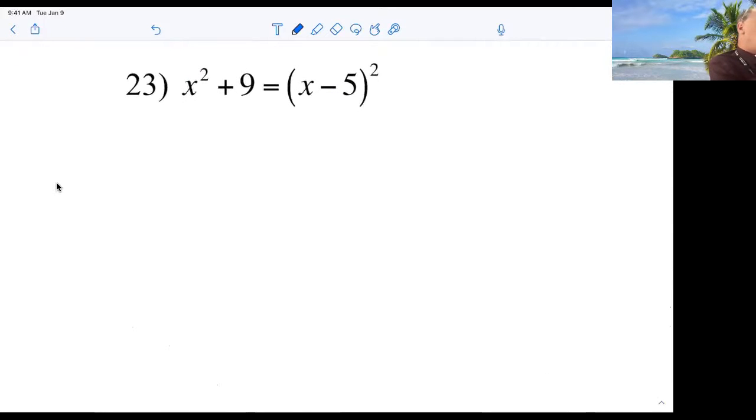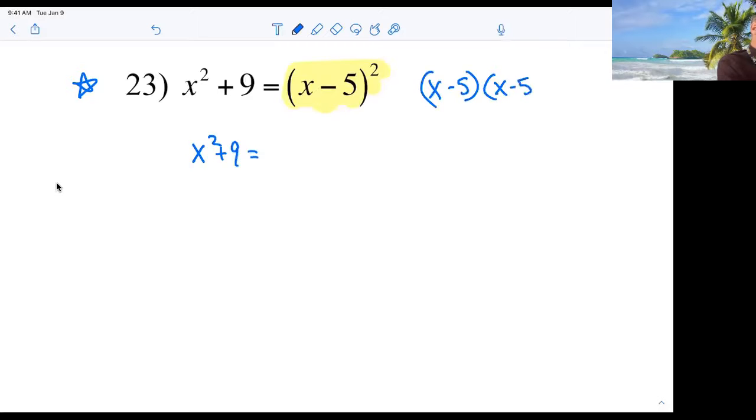Okay, now on this problem right here, everybody put a star by this one, please. I need to expand this out. So everybody's going to write x squared plus 9. Now remember, x minus 5 times x minus 5.